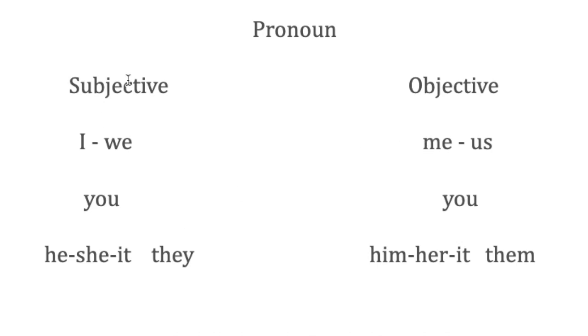However, I becomes me, we becomes us, you remains you, he, she, it, they become him, her, it, and them. So it changes. That's how the right side pronouns are called objective pronouns. So when you use "let", you are going to use only the right side of the list of pronouns. We do not use subjective pronouns with "let".